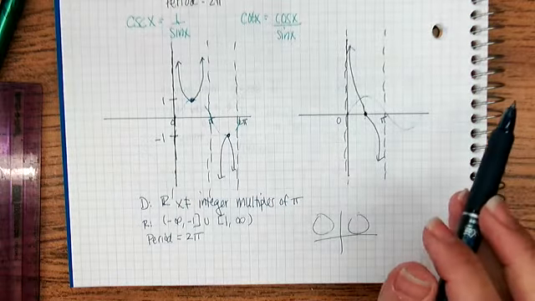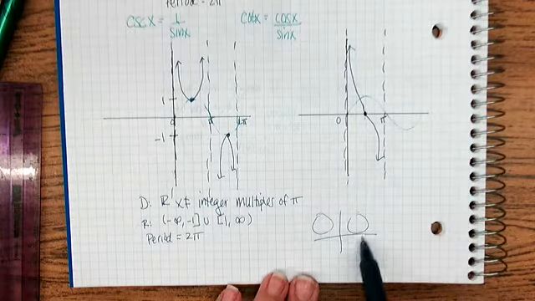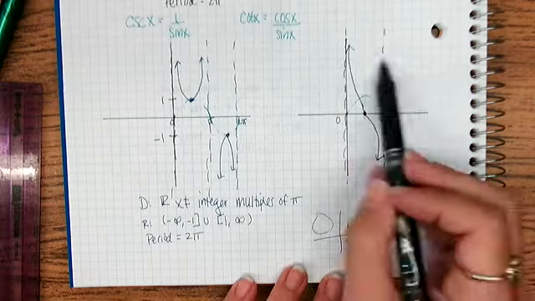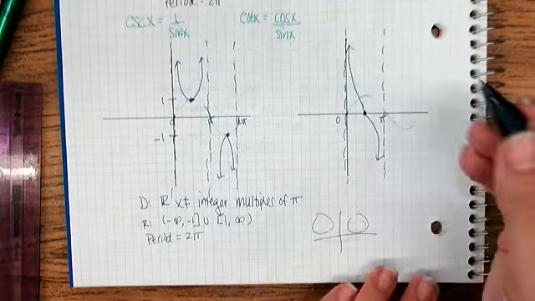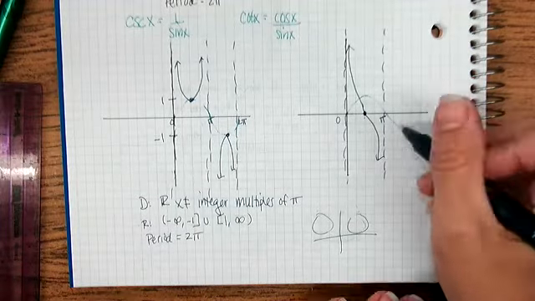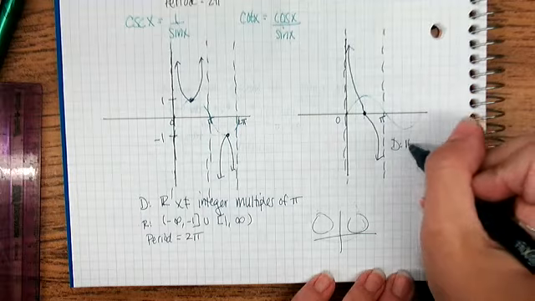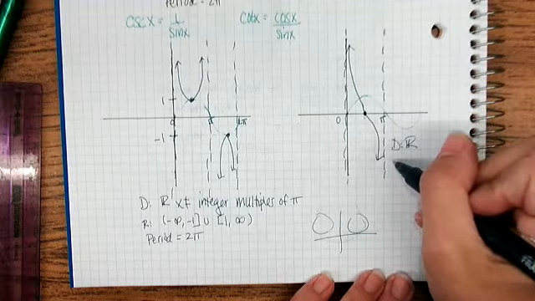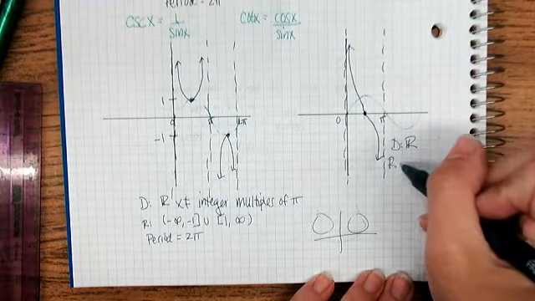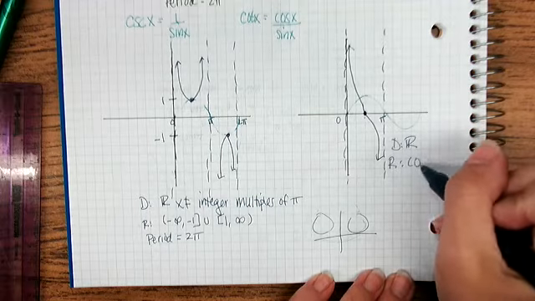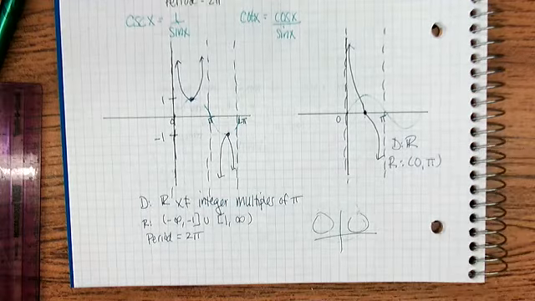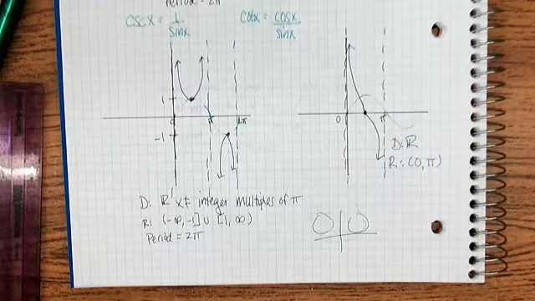They are different. This is quadrants 1 and 2 on the unit circle. This is quadrants 1 and 2 on the coordinate plane of the graph. The domain is all real numbers, and the range is 0 to pi, 0 and pi not being included.